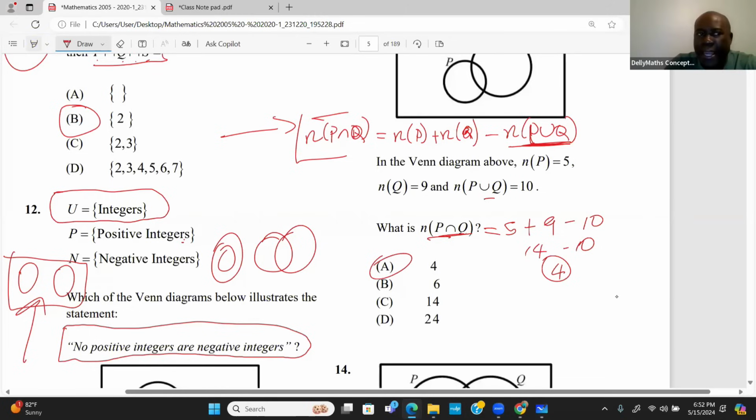So if I'm finding the intersection, I have to subtract that one. If I'm finding this one, I have to subtract the other one. Just think about it like that. So the numbers are always going to be there. 5, 9, look. Set P, set Q, subtract the other thing. You're always going to get it. All right, so that's the formula for that.